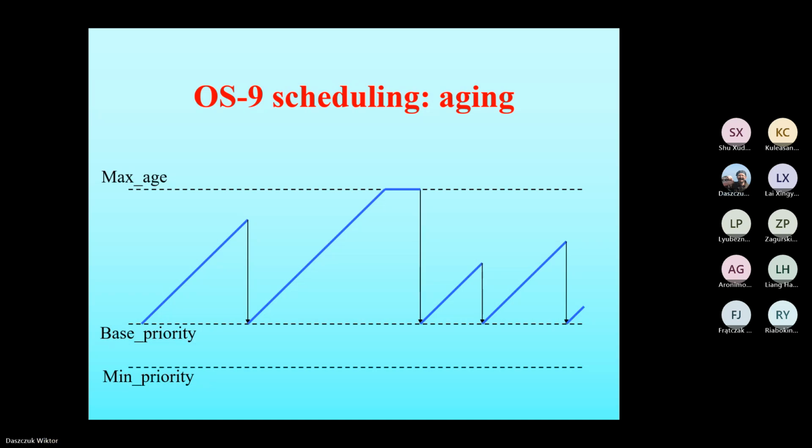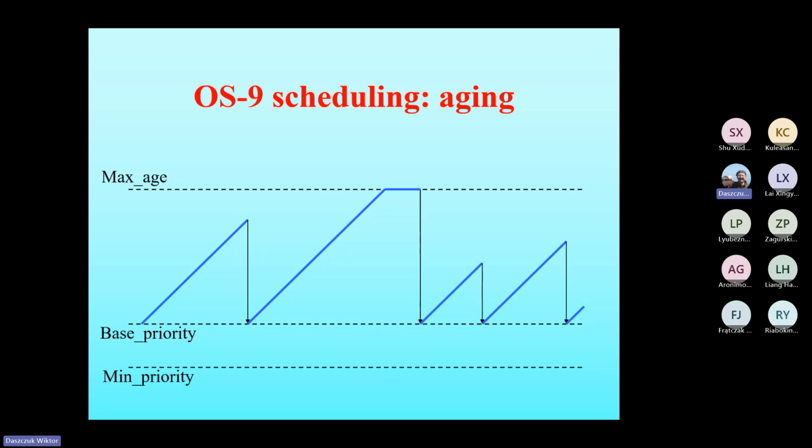And let's discuss the rules that were used in this real-time system. The entire scheduling is based on two values, two system variables, max age and min priority.